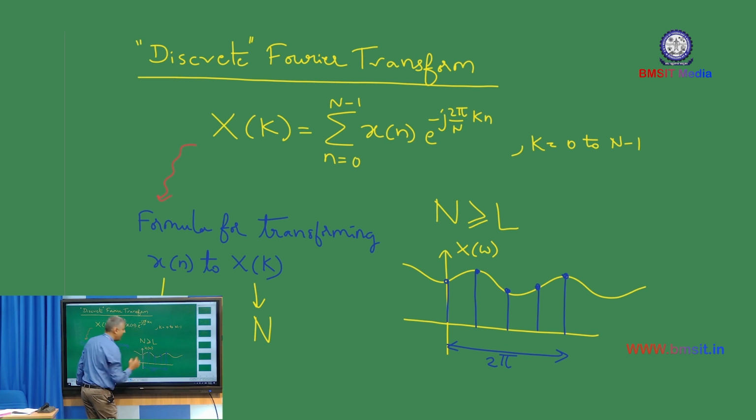Since you are taking the samples of the frequency, this representation of the signal is called the discrete Fourier transform.